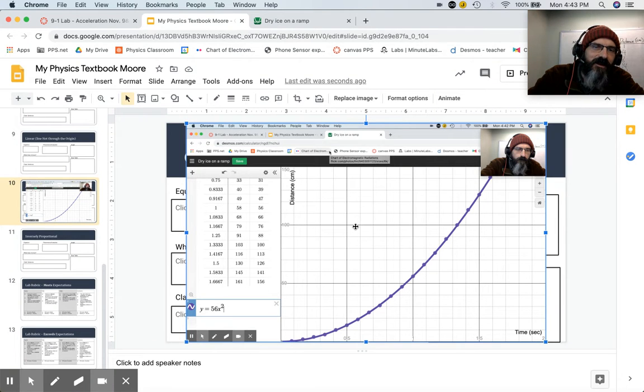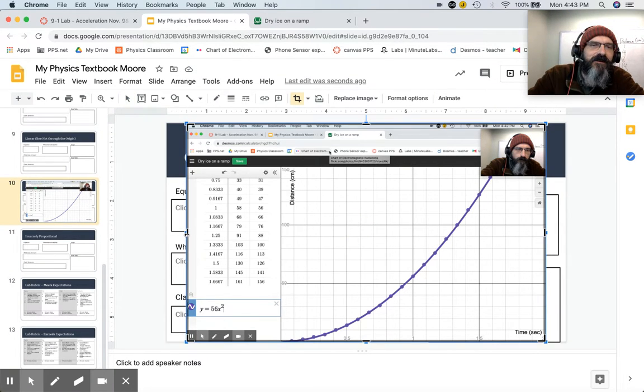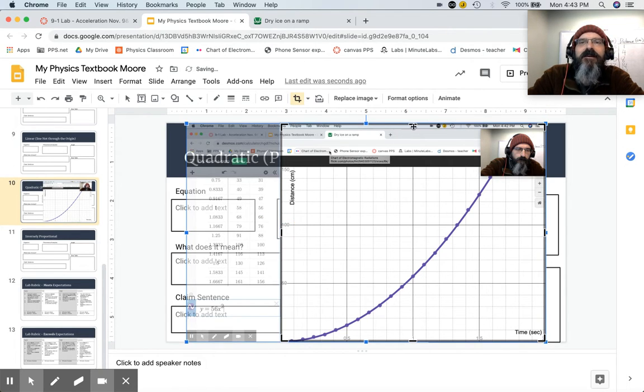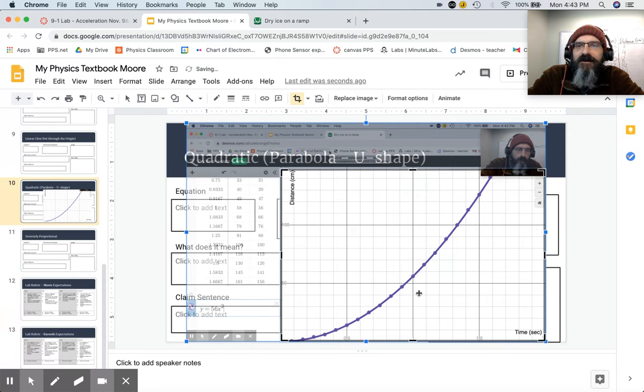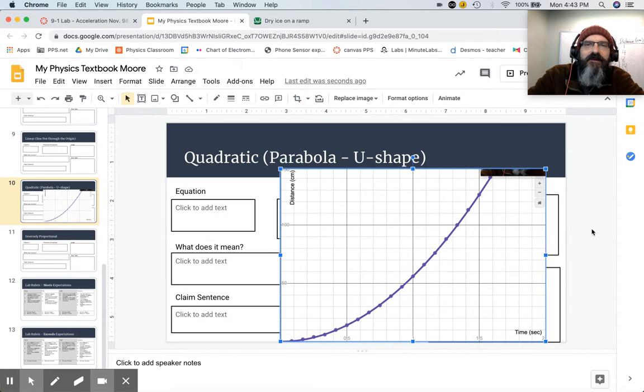I want to double click on the graph and it lets me mess with the edges. So right in the middle of the left, I'm going to pull it in until I just have graph. Up in the top here, I'm going to pull this in until I just have graph. I don't need to mess with the right or the bottom. I click somewhere to the edge and boom, most of it goes away.